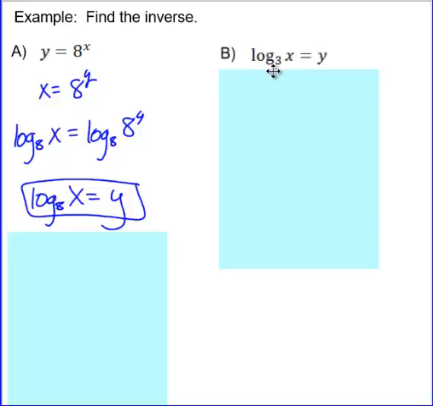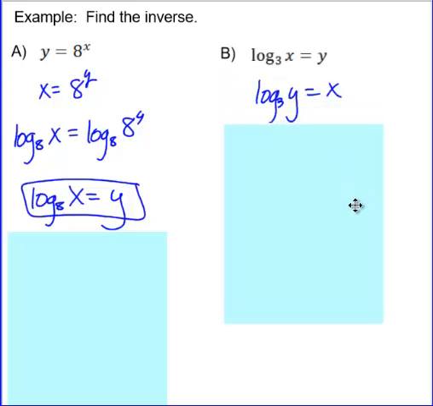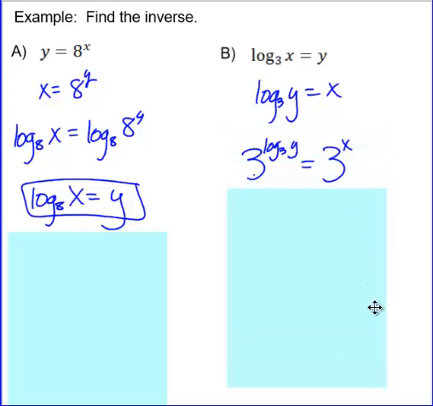So looking at a log expression to find the inverse, you always start the same way: switch the x and the y. So we're switching the x and the y variables. And then we're going to do the inverse of a log function, which happens to be an exponential. So we're going to exponentiate both sides. Okay, so it's 3, and we're using the same base that's on the log.